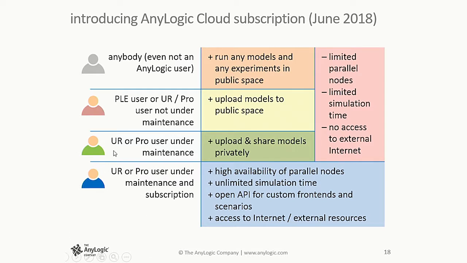So that guy, first, is entitled to high availability of parallel nodes in the cloud. We will not resell nodes like Amazon nodes to you, but we will balance the load among the nodes that we buy from Amazon, which is actually a much better option. Unlimited simulation time and access to external resources, external internet, from within the model.